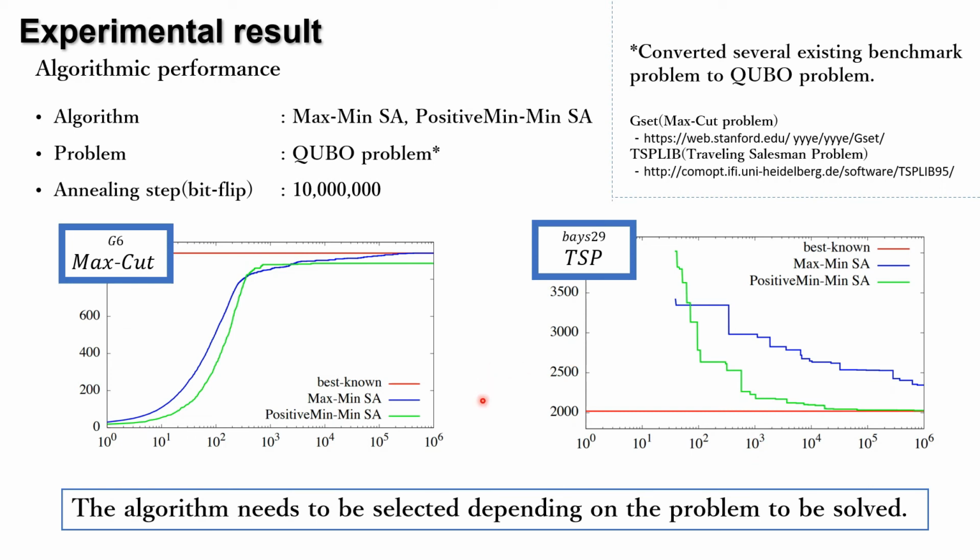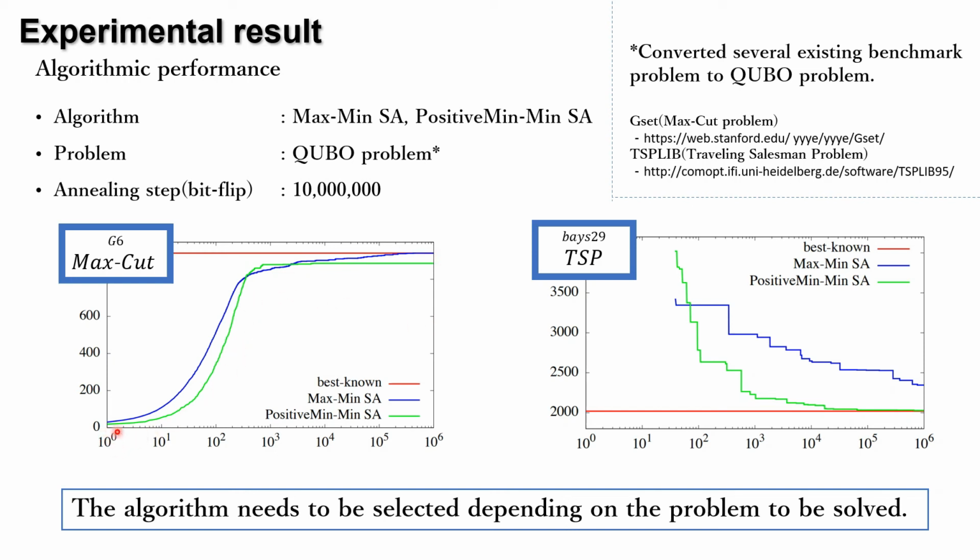Next, we observe the behavior of the proposed algorithms. These figures show the transition graph of the best solution by repeating the flip operation for the max cut problem and the TSP. We can see from the left figure that the solution of the max-min-SA algorithm for the max cut problem gets closer and closer to the optimal solution while repeating the flip bit.